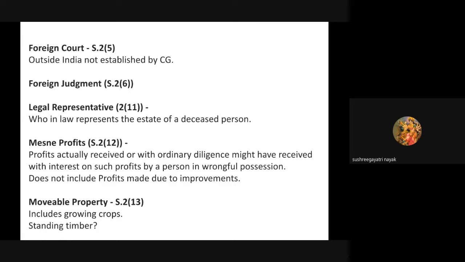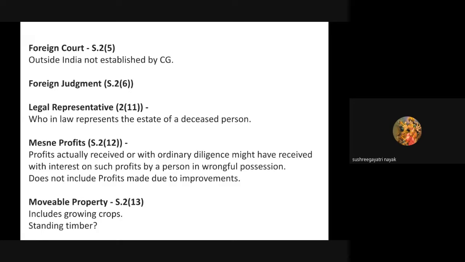No, it is not so, because this CPC came into force in 1908, and in 1908 we were ruled by the British, and they had established courts beyond India as well, which were not inside India, but they were not considered foreign courts. For example, the Privy Council. But now, after the British left, the Privy Council is a foreign court, and it is not a court within India right now.